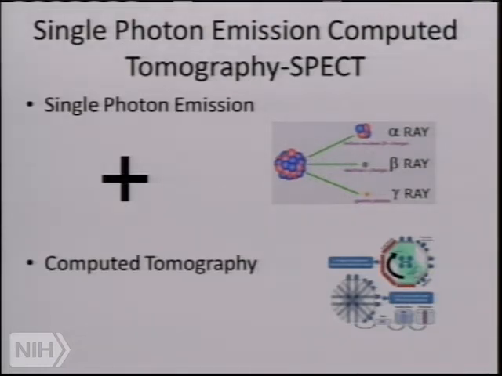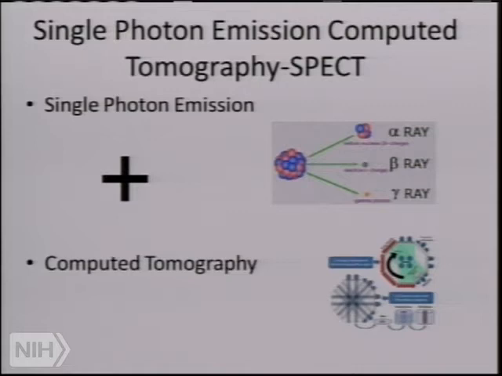But the source of the energy for this imaging, unlike what I've described, is radioactivity. Radioactive decay of an isotope that releases a gamma ray. So radioactivity produces one of 3 kinds of energy.